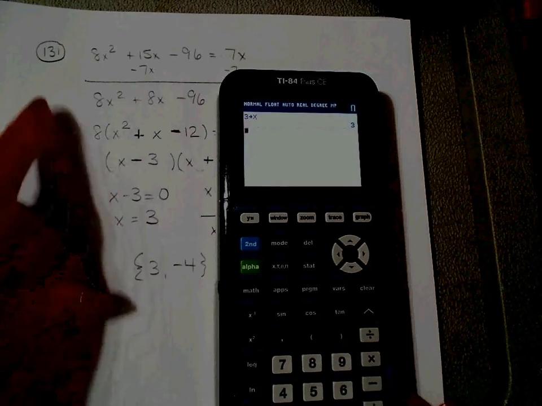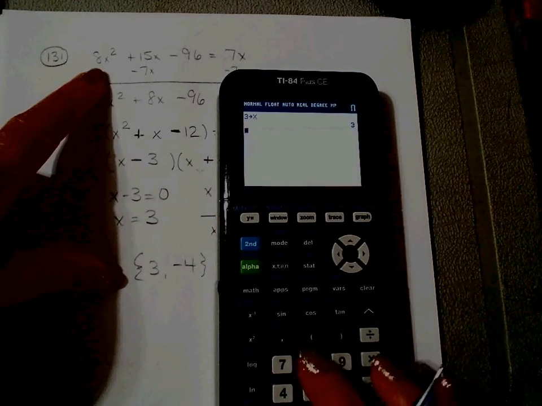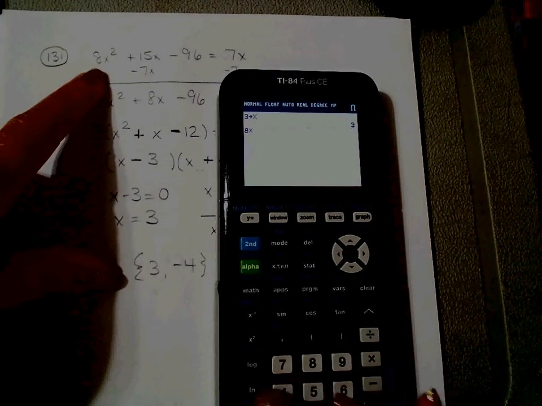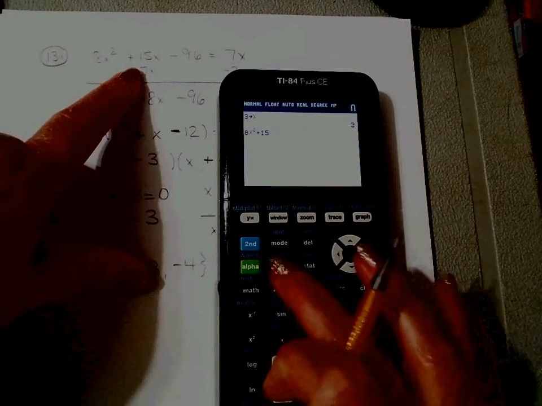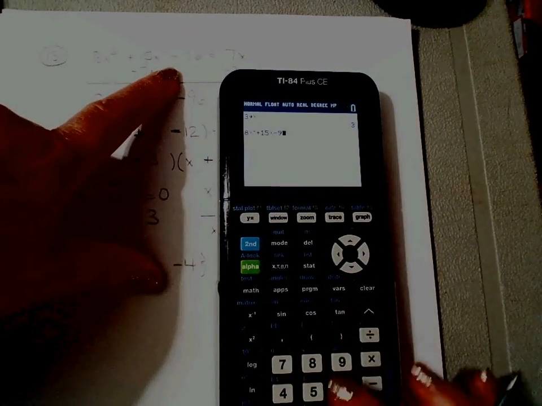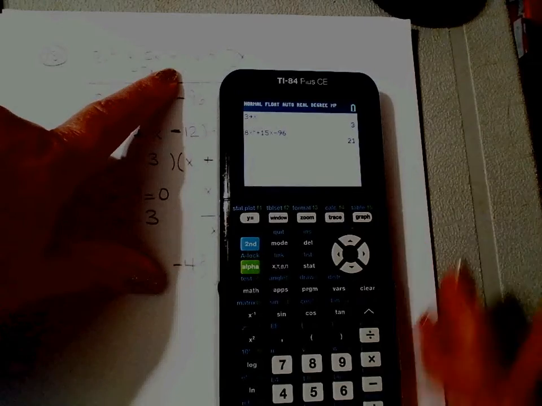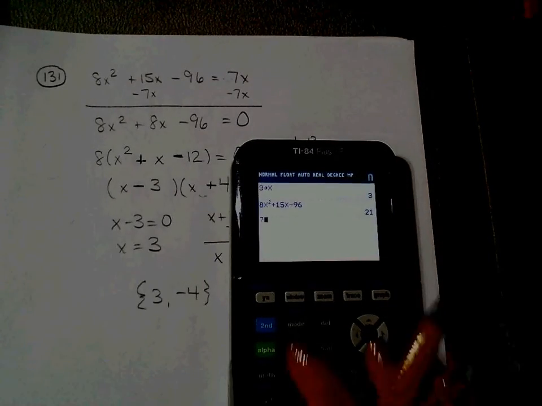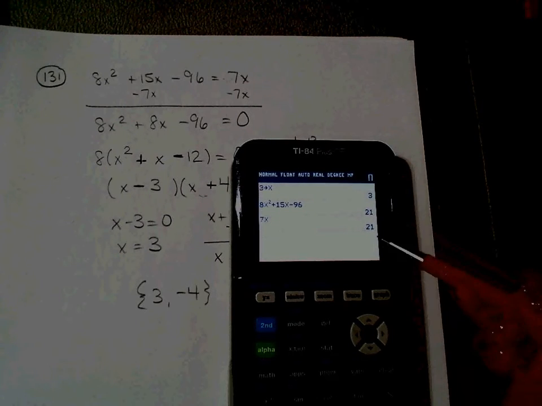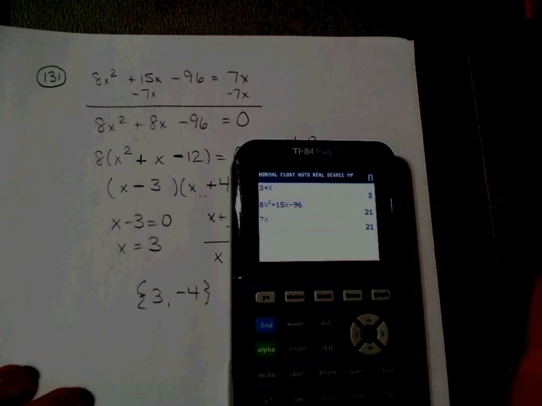Then I type the left-hand side of the equation, 8x squared plus 15x minus 96, and I get 21. Now I type the right-hand side of the equation, 7x, and I get 21. 21 equals 21. That works.